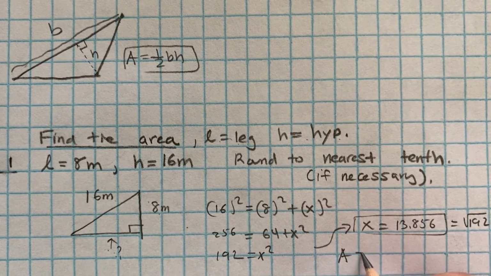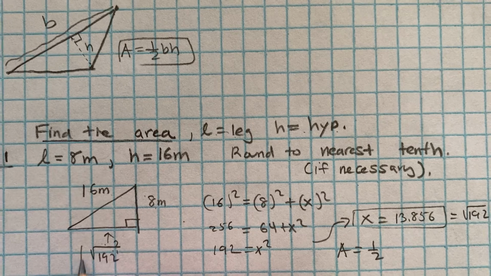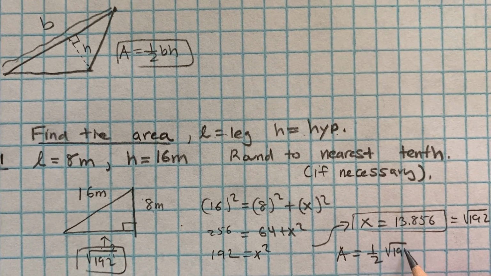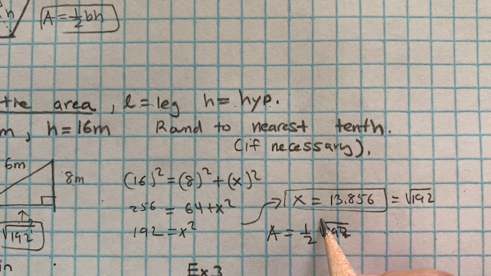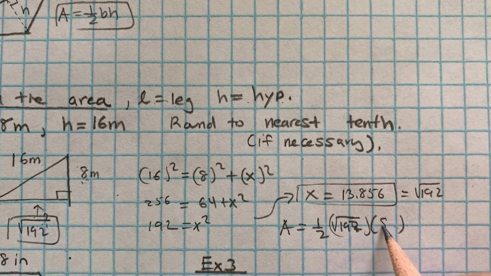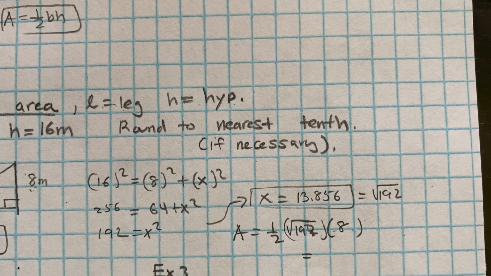So the area of this triangle is 1/2. This is root 192, by the way. Base, which is root 192. And then times the height. What's the height of the triangle? Don't say it's 16, it's actually 8. Okay, so 4 times root 192.